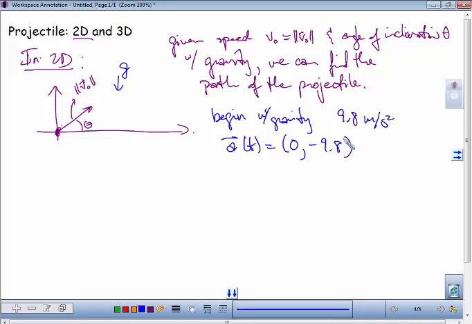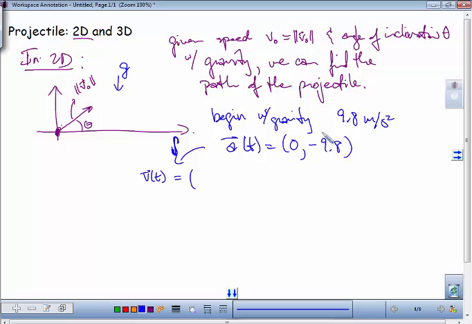And we know that if we integrate, that's not an integral sign, that's an integral sign, if we integrate, then we're going to get the velocity. And then if we integrate again, then we're going to get the position. So we do some integrals, and we get the velocity function.